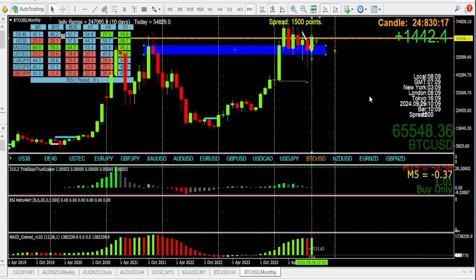Liquidity hunt and liquidity grab makes a lot of sense. But all the old stuff is not improved by all this new stuff that these people keep perpetuating.